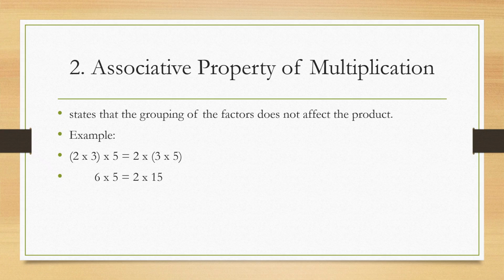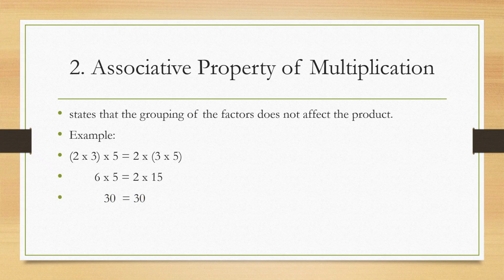On the right side, 2 times, and then multiply the numbers inside the parentheses, 3 times 5 equals 15. This isn't the final answer yet, or the final product. Okay, to continue, multiply 6 by 5, or 6 times 5 equals 30.